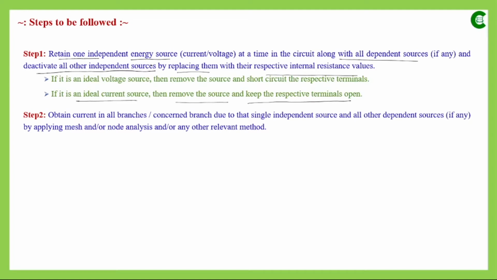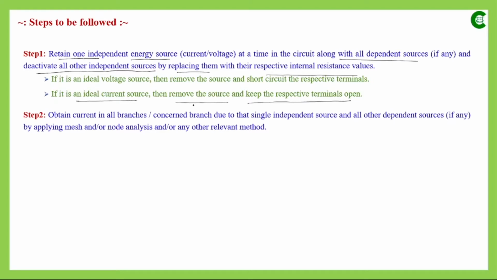And if we want to find the voltage drop across every branch in the circuit or across any concerned branch, we will find that because of that same independent energy source. To do that, we will apply KVL, KCL or any other relevant theory or concept that we know.